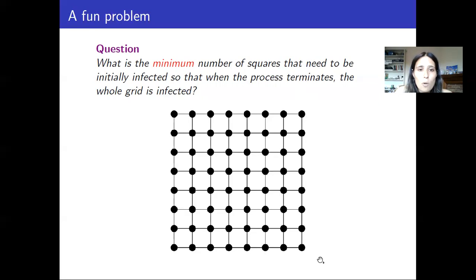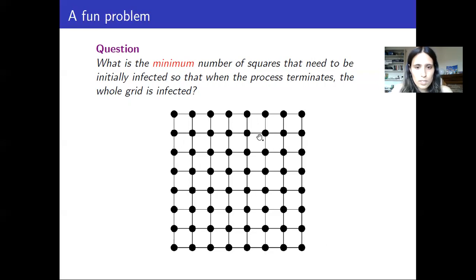We can say, well, what is the minimum number of vertices that need to be initially infected, so that when the process ends, eventually every vertex of this graph will be infected. So you can start with some initial set of infected vertices.